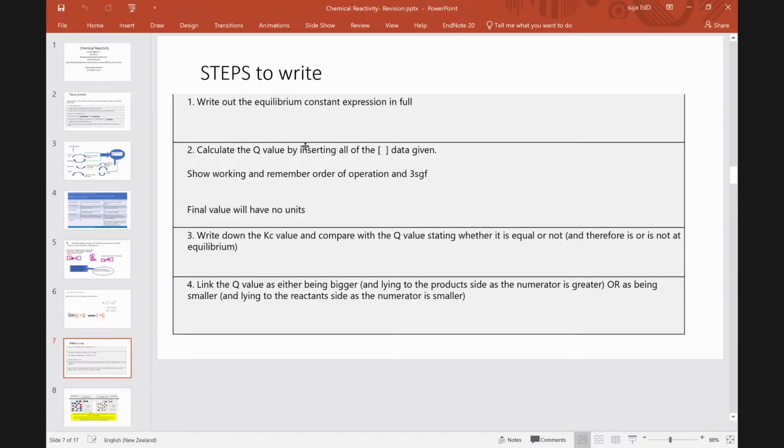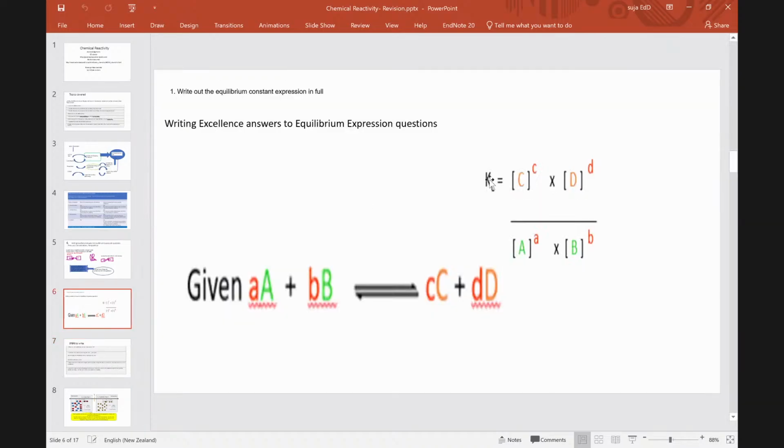So in that way, what you do is you substitute in your equation. Either you can be given the equilibrium constant and find the concentration of one of your products, or find one of your reactant concentrations. It can be either one. Or sometimes you are given the concentration and the number of moles, and you have to calculate your equilibrium constant. Either one will be given to you.